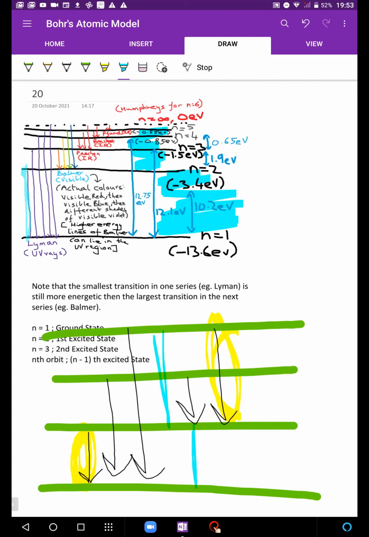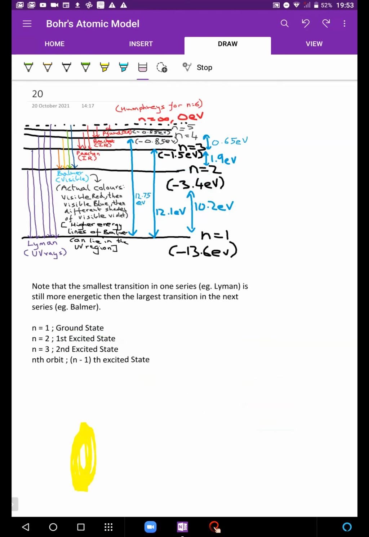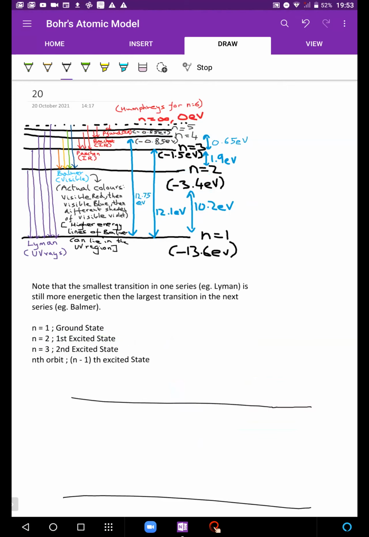Lyman's smallest line is 3 times Balmer's biggest line. So that is a problem that can arise if you don't draw it to scale. The correct way to draw it is: the starting gap is very big, then the next gap is smaller, then the next gap is even smaller. That's how they actually look. I hope you got the idea of what I was trying to say.